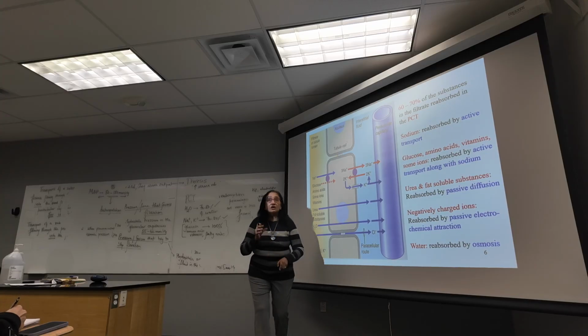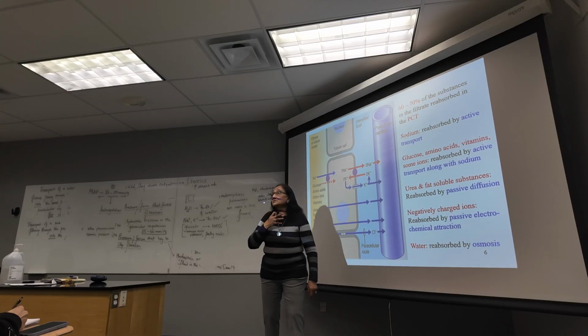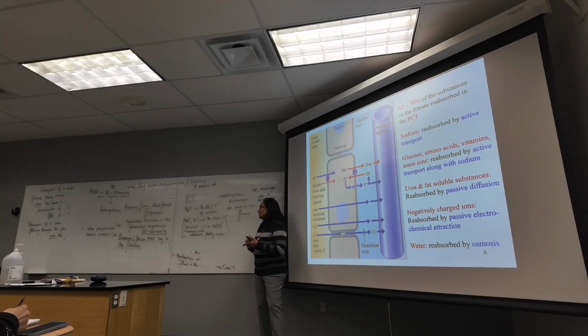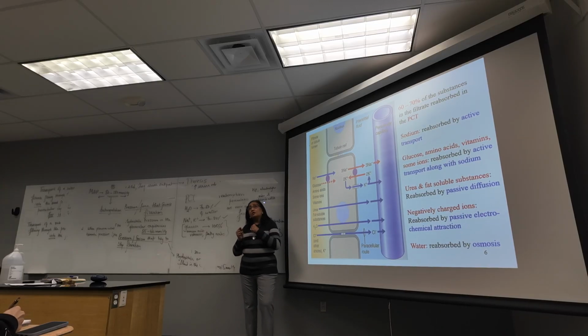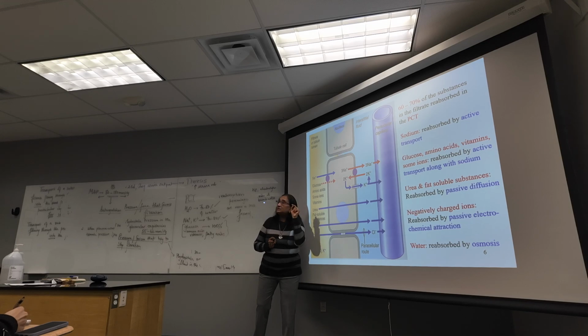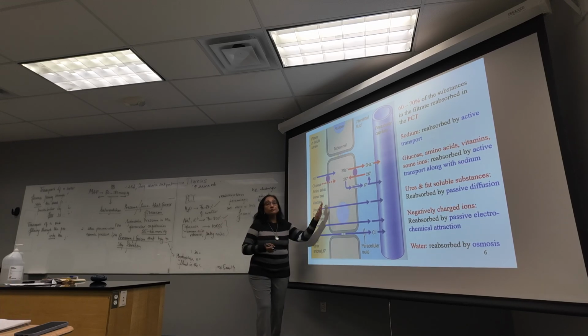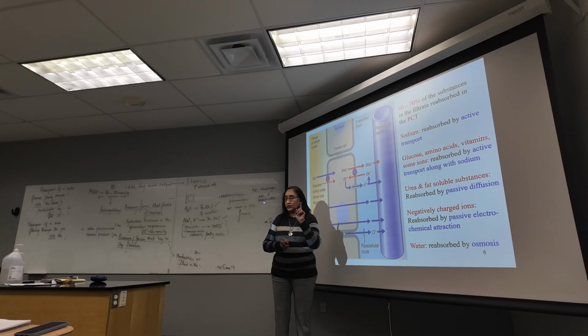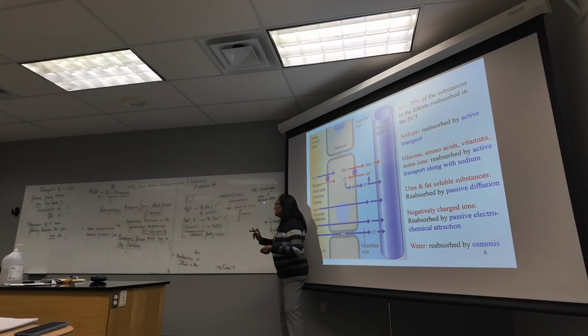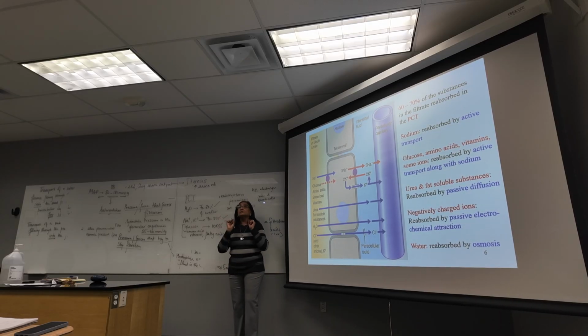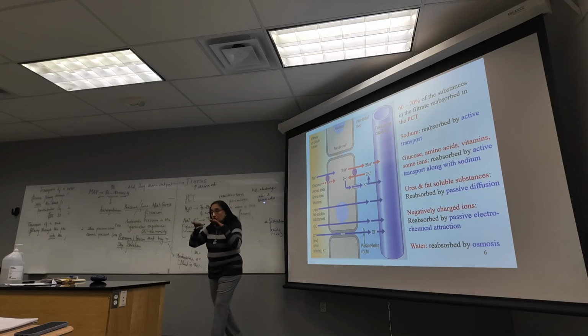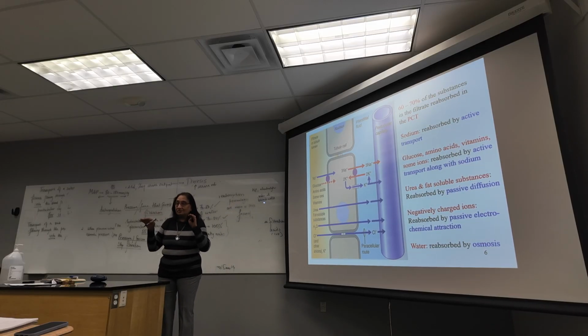If the body requires more salt, let's say somebody is on a low salt diet, so the body needs to conserve all the salt, it will not happen in the PCT. The PCT will still reabsorb just 70 to 80% of the salt from the filtrate. So the reabsorption that happens in the proximal convoluted tubule is more or less a fixed thing.